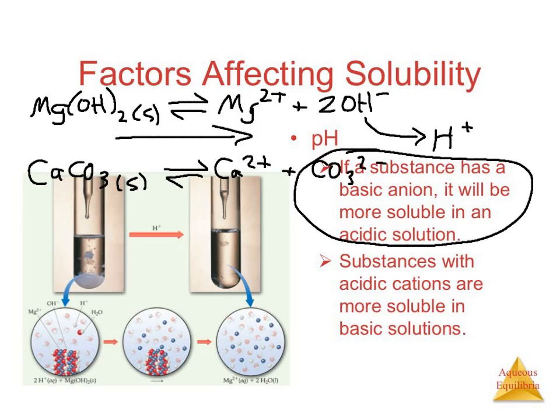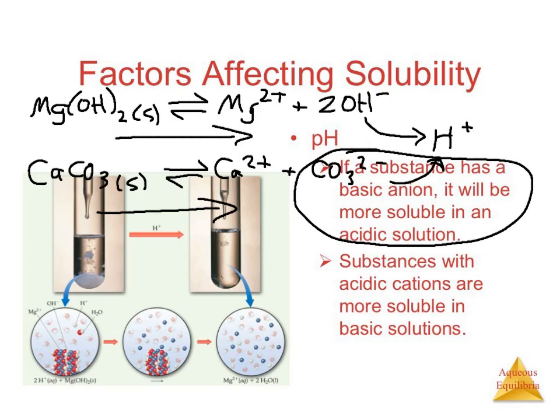Same thing, the CO3 2- will react with H+. So you're taking this CO3 2- out of solution, taking away a product, which causes the equilibrium to shift towards the product side. So anything that has a basic anion, you put it in an acid, and this is going to happen. Substances with acidic cations are more soluble in basic solutions.